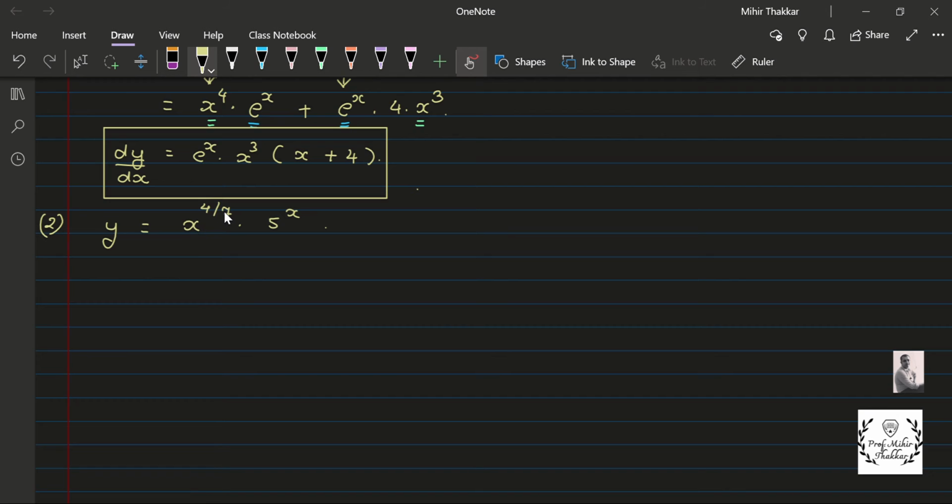X raised to n is algebraic. 5 raised to x is similar to a raised to x, which is an exponential function. Let us understand once again how we have to differentiate this.